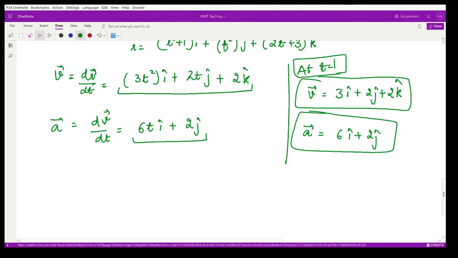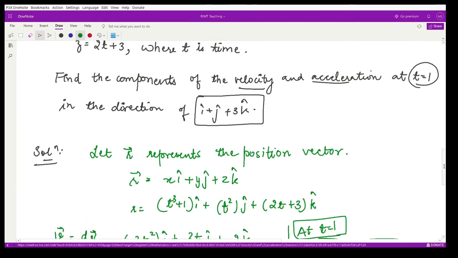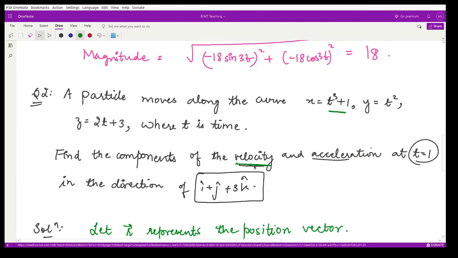The next task in the question is to evaluate the components of the velocity vector and the acceleration in the direction of this particular vector. Now, first of all, you have to determine what is the direction of this particular vector.